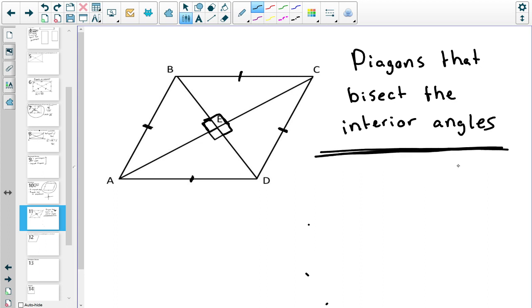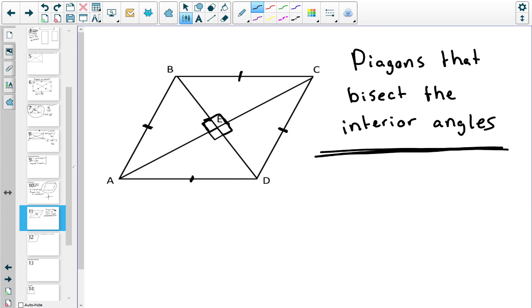If an angle is bisected, say we have this angle here, and we'll give this a crude drawing of a bisector, that means the two angles it creates, this one here and this one here, will be equal in measure, or congruent. So when an angle is bisected, it's separated into two equal angles.